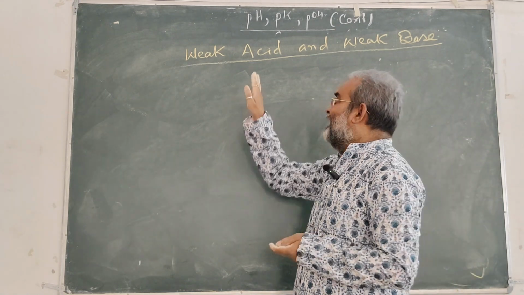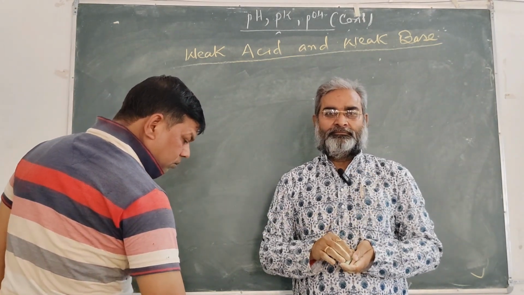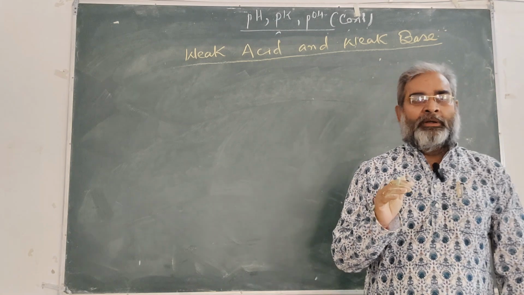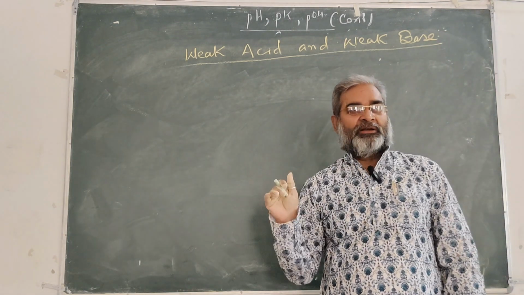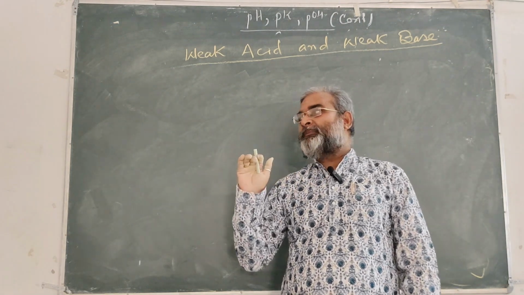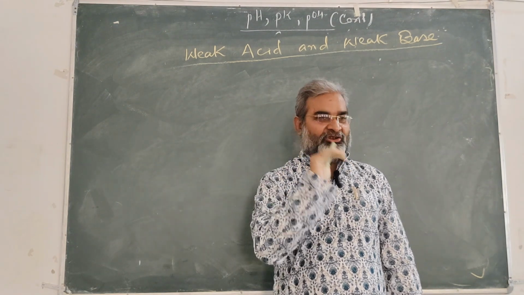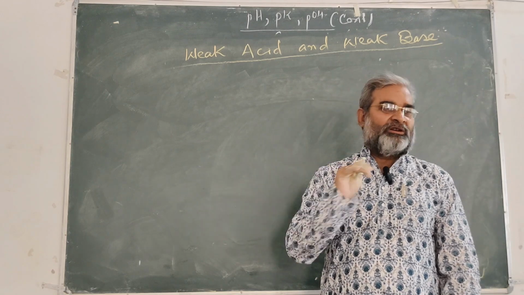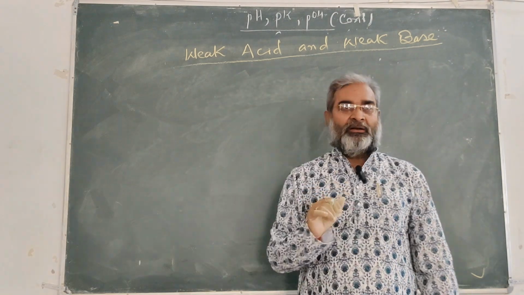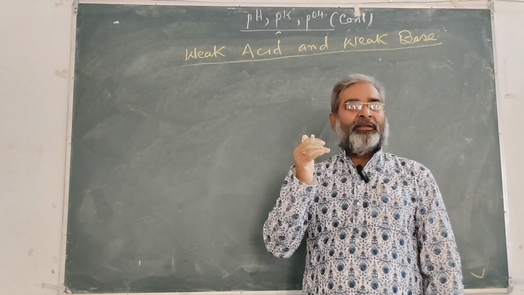But if they are weak acid and weak base, in strong there was 100% ionization of H plus and OH minus ions. And those H plus and OH minus ions are responsible for the determination of the pH value. But here, if the acid and base are weak, then 100% ionization is not possible.